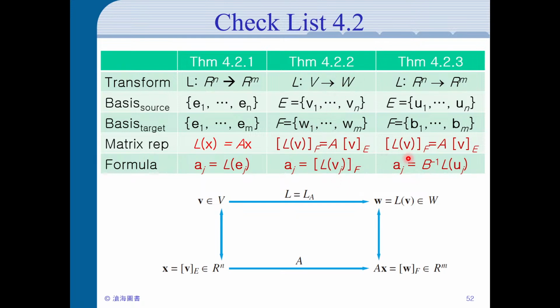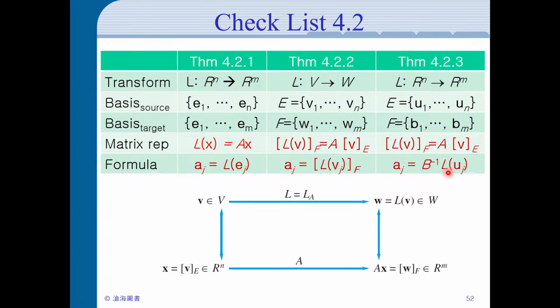Then we have a special example where V and W are actually Rn and Rm. This is different from the starting Rn to Rm because we choose different bases for Rn and Rm. You can find the columns Aj by mapping the basis vectors of Rn.